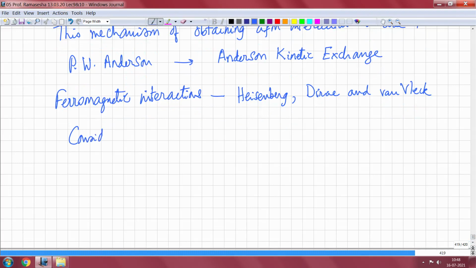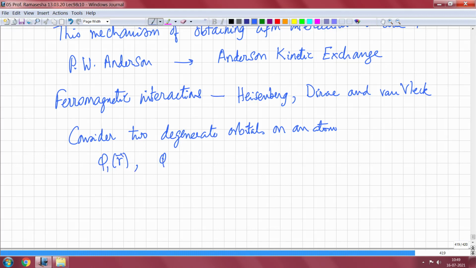Consider two degenerate orbitals on an atom. I am intentionally saying on an atom because you will later on see that if they are on different atoms, some of the interactions become very weak and may be negligible in case of molecules. So let these be phi1 r and phi2 r.